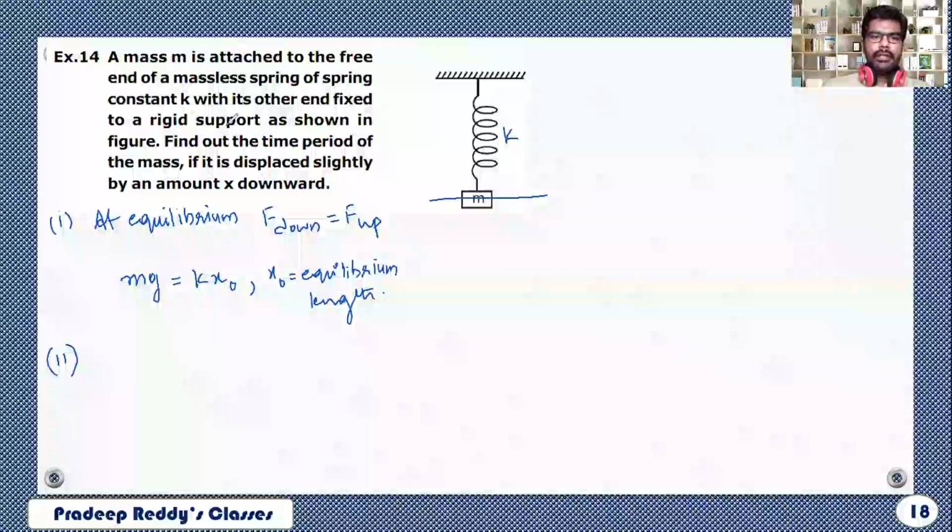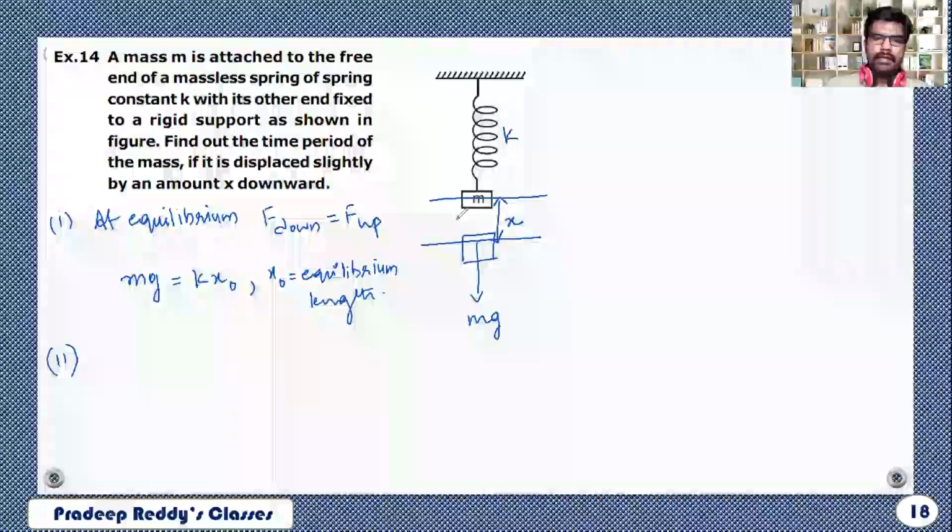Now what you are doing is taking this mass and elongating it in the downward direction by a distance x. So you are bringing this mass downward by length x. As a result, this mass comes to a new position. When this mass comes to this new position, there will of course be the gravitational force acting in the downward direction, and there will be an upward force, the spring force.